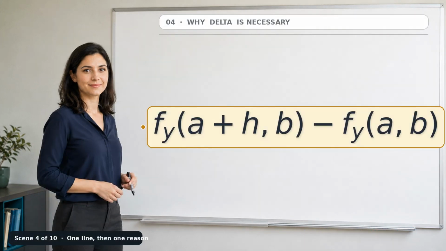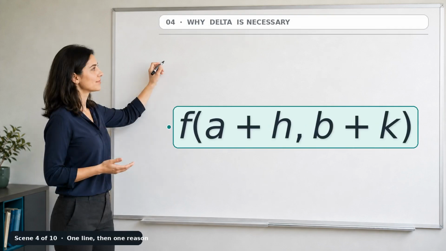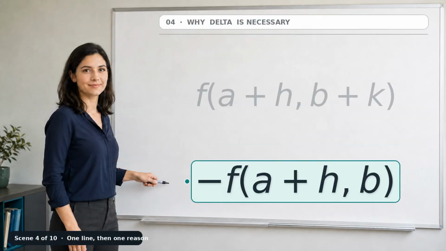Now something important happens. We did not randomly invent delta. Delta is forced on us by our target. The first value we need is f at a plus h comma b plus k. From it we subtract f at a plus h comma b. Together, these first 2 terms form the vertical change at x equals a plus h.